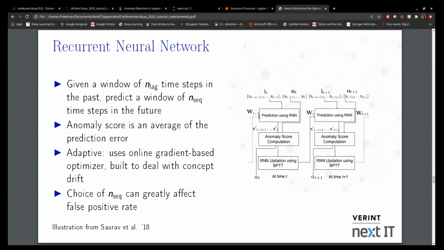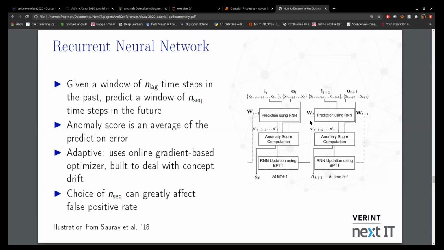The actual data is compared to the output of the RNN to compute the anomaly score called AT. Then the RNN's weight matrix is updated using BPTT, given this anomaly score, to create the next, updated weight matrix WT.